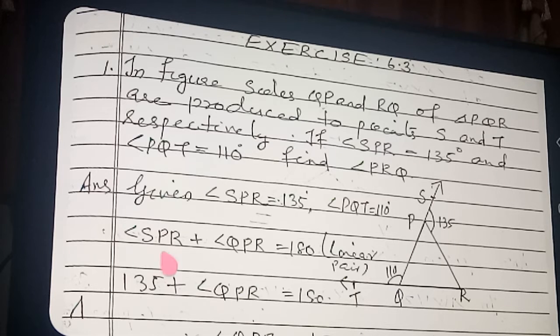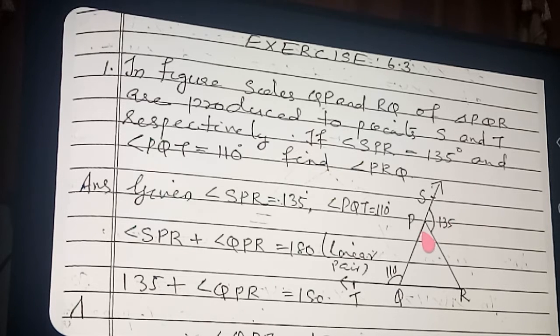Now listen. Angle SPR, how much is given? 135, as I have written from the question. Angle PQT is given as 110 degrees. Now, this angle and this angle the teacher is pointing at: angle P is the short name, the full name is angle QPR or RPQ.